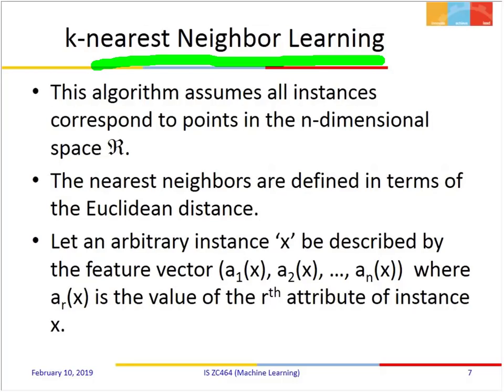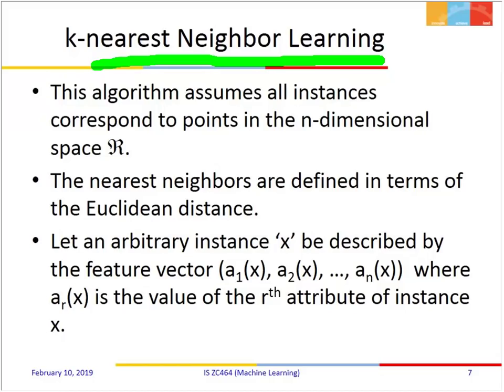So we represent the training data in the form of x and y pair, where x is itself a feature vector comprising many such values of the corresponding attributes that we are using to describe this particular object whose class is labeled as y. So that is the classification problem. When we have these values, we represent them as points in the n-dimensional space. We can say that R^n is an n-dimensional space.